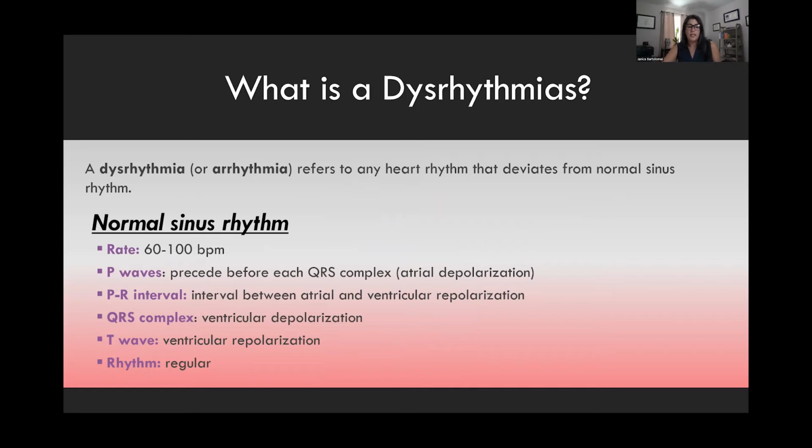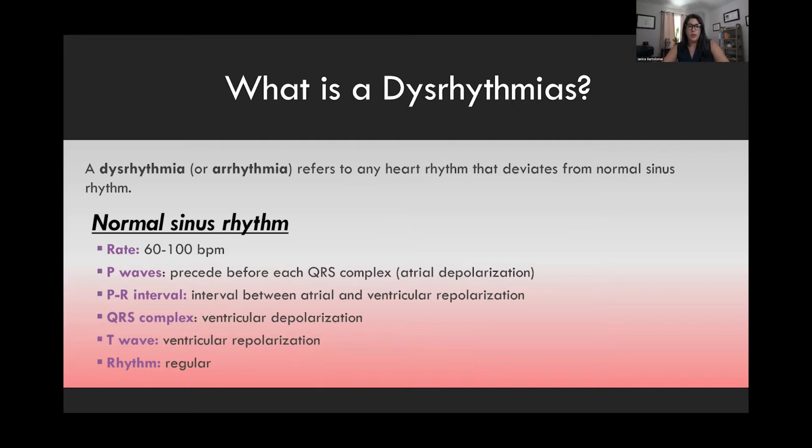It also has a PR interval, so that's kind of an interval between the atrial and the ventricular repolarization. It has a QRS complex in every beat. It has T waves and the rhythm is regular. What all this means, I'm going to explain in just a little bit, okay?